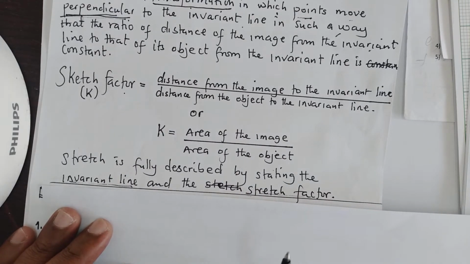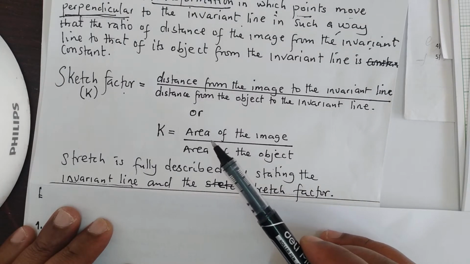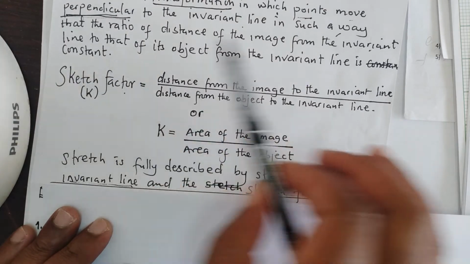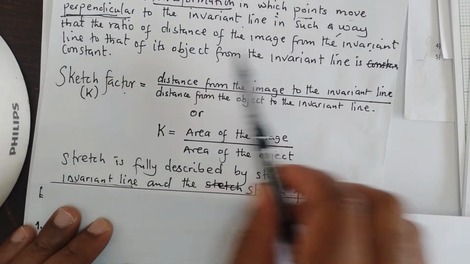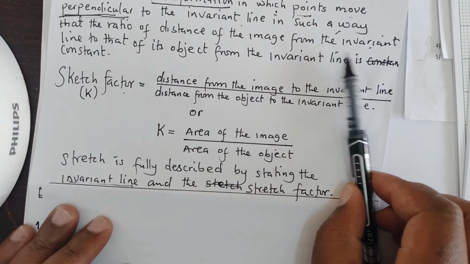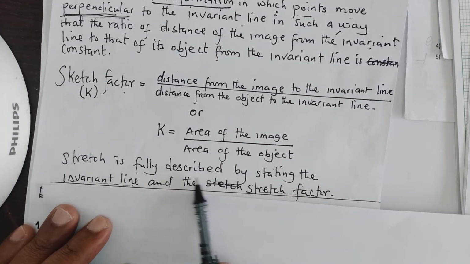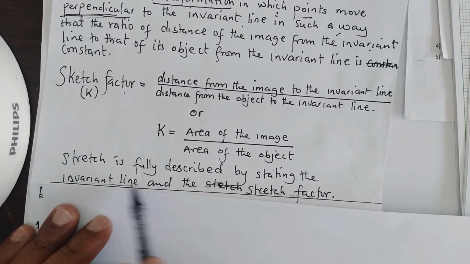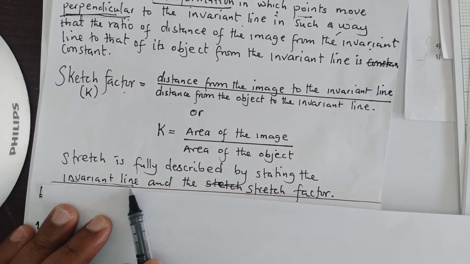Now, how do you describe? There are times when we give you an object and the image and ask you to describe the transformation that has taken place. If you know that it is a stretch, how do you describe it? You need to acknowledge that it is a stretch. A stretch is fully described by stating the invariant line and the stretch factor.